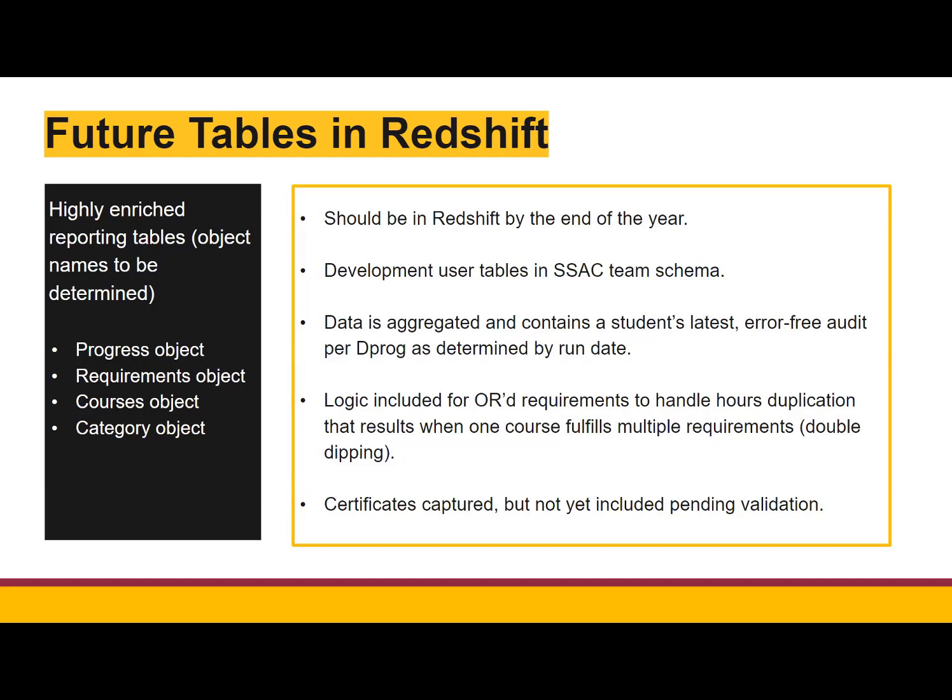So if a student has multiple DPROGs, they will all be there based on that most recent error-free audit. Logic is included for ORD requirements to handle the hours duplication when courses fulfill multiple requirements, so the double dipping. Certificates are captured, but are not yet included, and we'll be doing some validation on those.